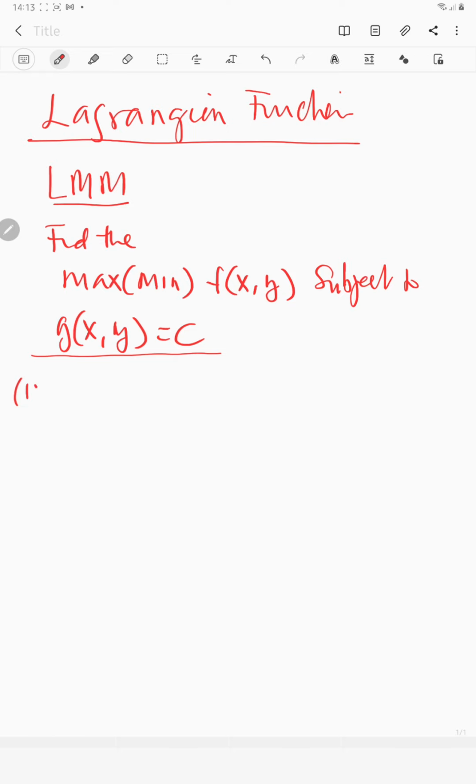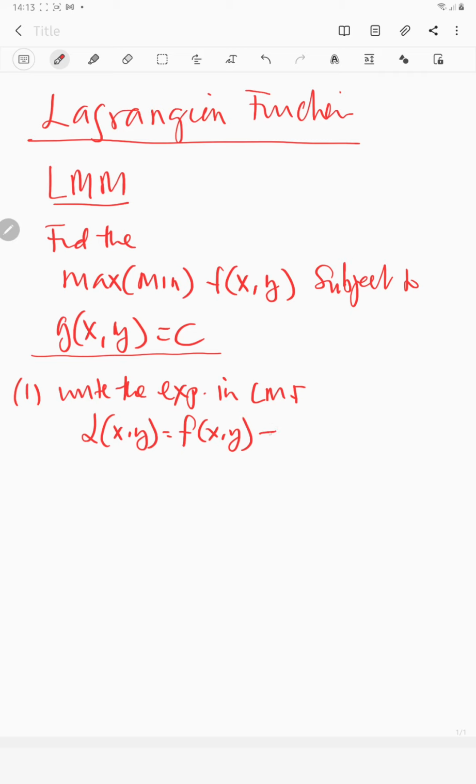We have three steps that are used. First of all, you write the expression as a Lagrange multiplier function as follows: L(x, y) is equal to f(x, y) minus lambda, and when you put lambda, you say g(x, y) minus c.